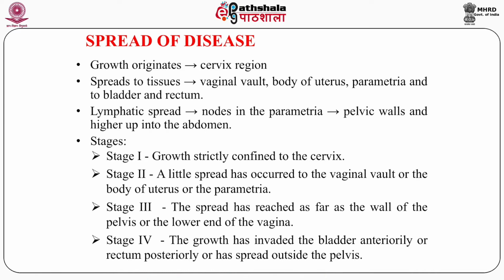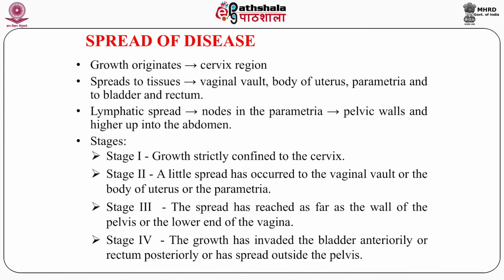There are various stages of cancer, in particular the CA cervix case. Stage 1, where growth is strictly confined to the cervix. Stage 2, a little spread has occurred to the vaginal vault or the body of uterus or the parametrium.